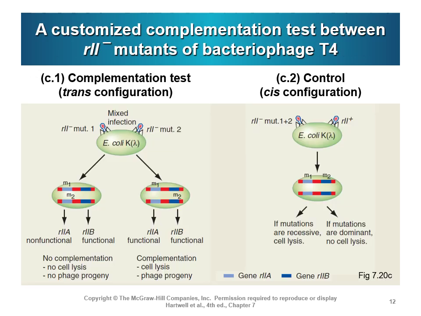In case I have confused you on the previous slide, let's clarify what I was trying to say. Okay, let's look at this in the cartoon representation. In the first case, we are talking about the complementation test in trans configuration, which means that we have two different mutations of R2.